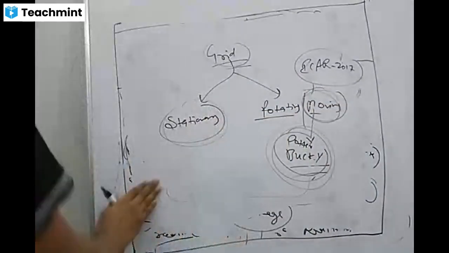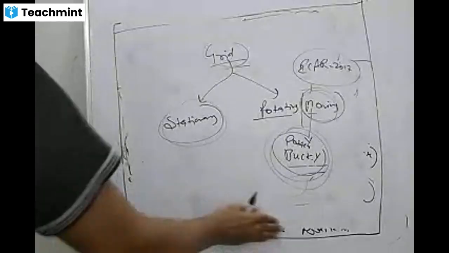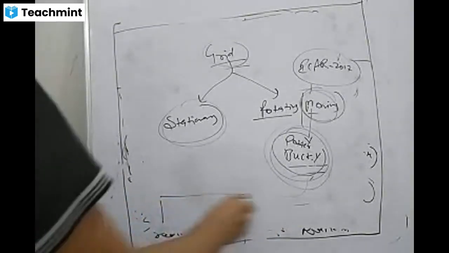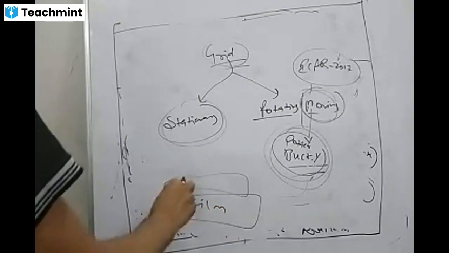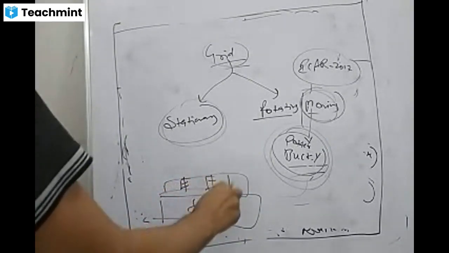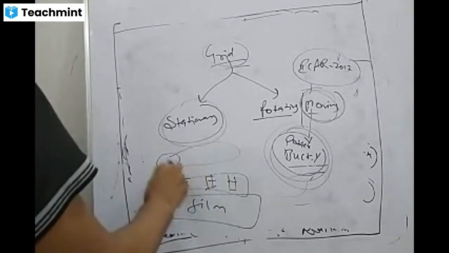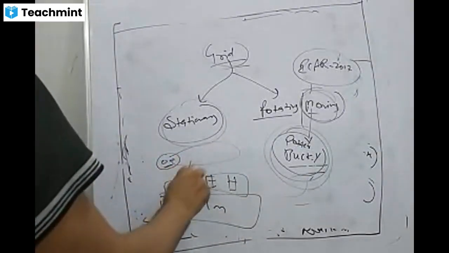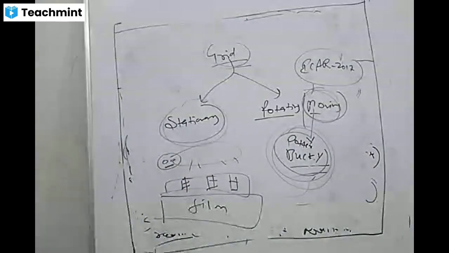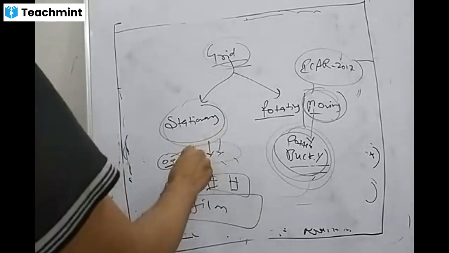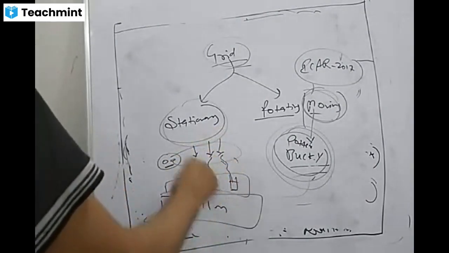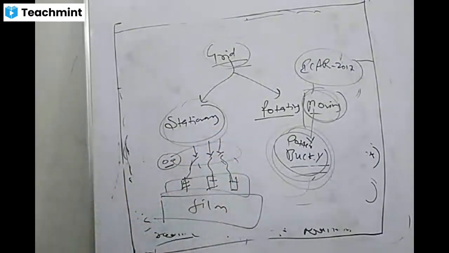So what is this moving grid or stationary grid? See, we use the grid. This is the film, this is the grid, and this is your patient. The scatter radiations are the result of interaction with the animal body. So scatter comes and is absorbed by the grid.